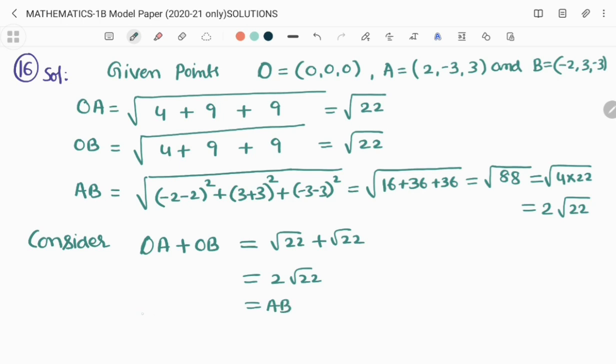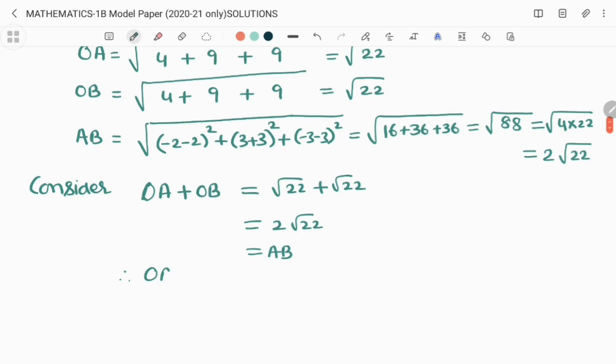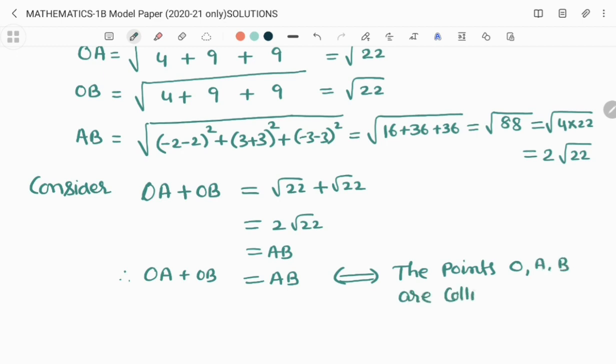So OA plus OB is equal to AB. OA plus OB is equal to AB if and only if the points OAB are collinear. So till here you will get 2 marks.